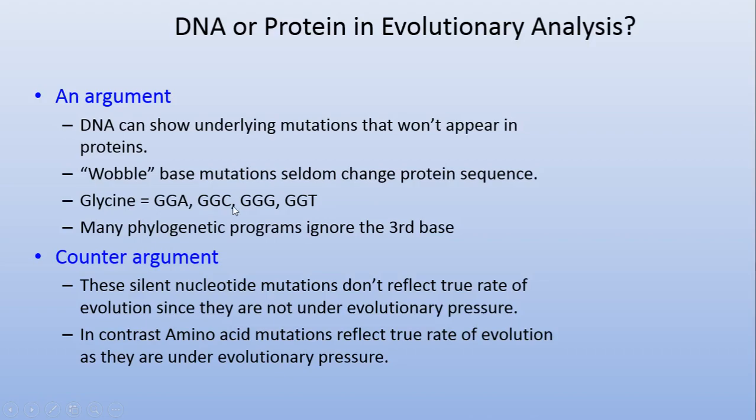In this way, many phylogenetic programs ignore the third base, considering that there is wobbleness in the codons. And to this, someone can also put forth a counterargument saying that whatever mutations happen in such a way are silent mutations and they don't reflect the true rate of evolution.